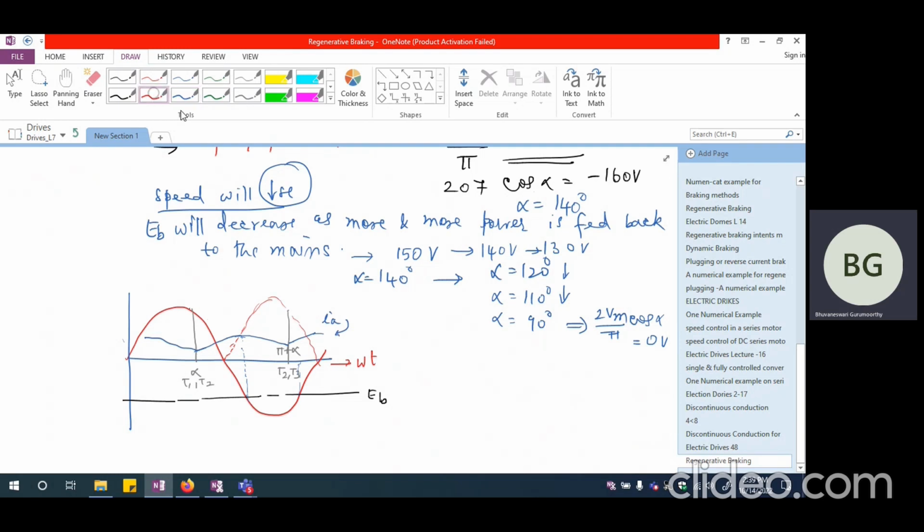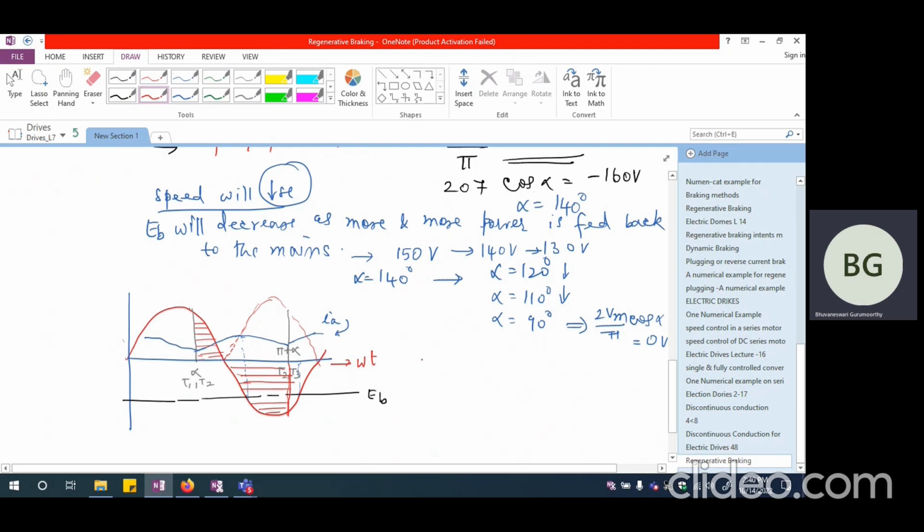And if you look at what is the terminal voltage, what you get as the armature voltage is this, and it will go on until here. So this entire negative portion is going to come up and only a small positive portion is going to come up.